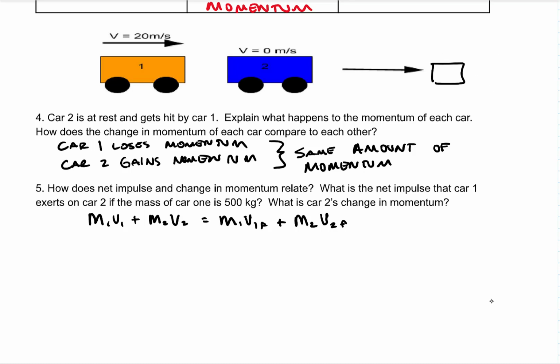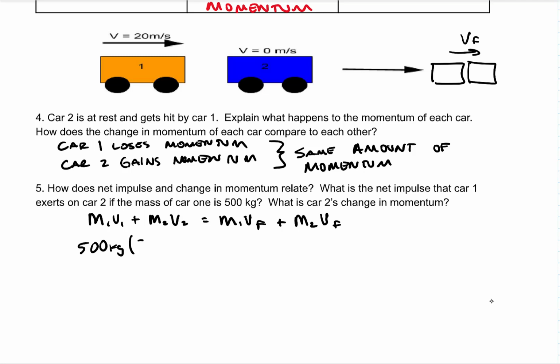So mass 1 and mass 2 are going to stick to each other and move off with the same final velocity. So when we plug our numbers in, let's say each car is 500 kilograms, right?